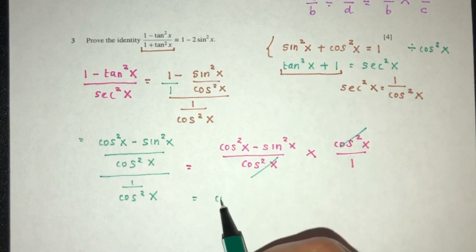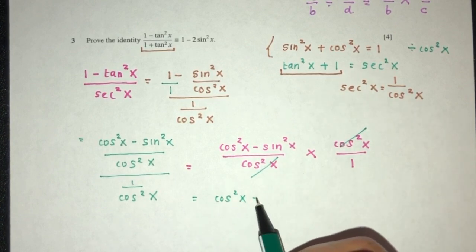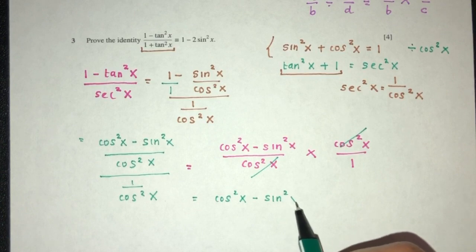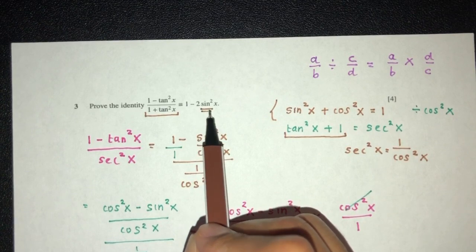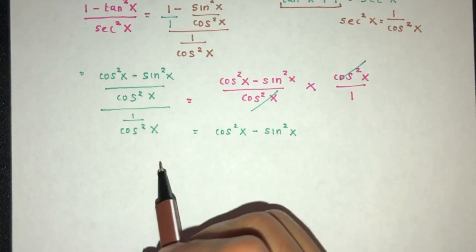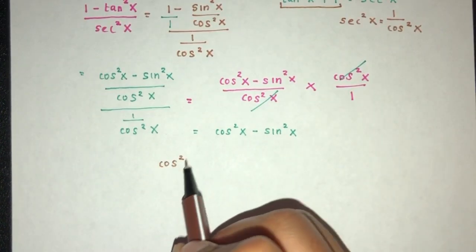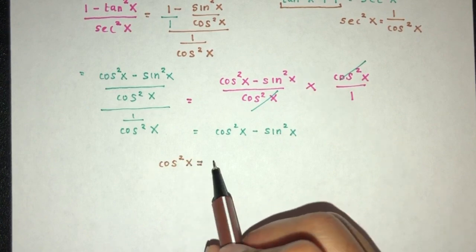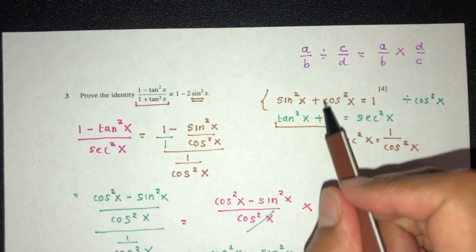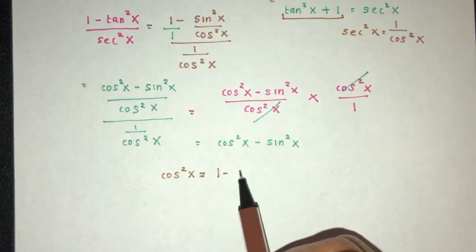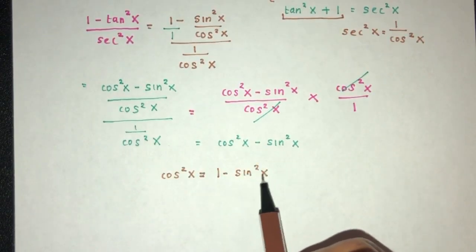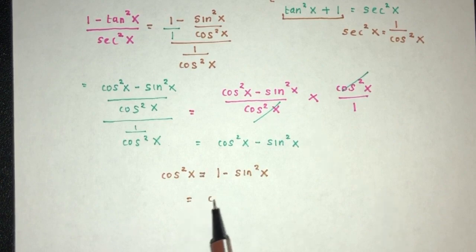So you will have cos square x minus sine square x. But your answer here only contains sine square x. So we can change cos square x to what? If you look at this, cos square x equal to 1 minus sine square x.